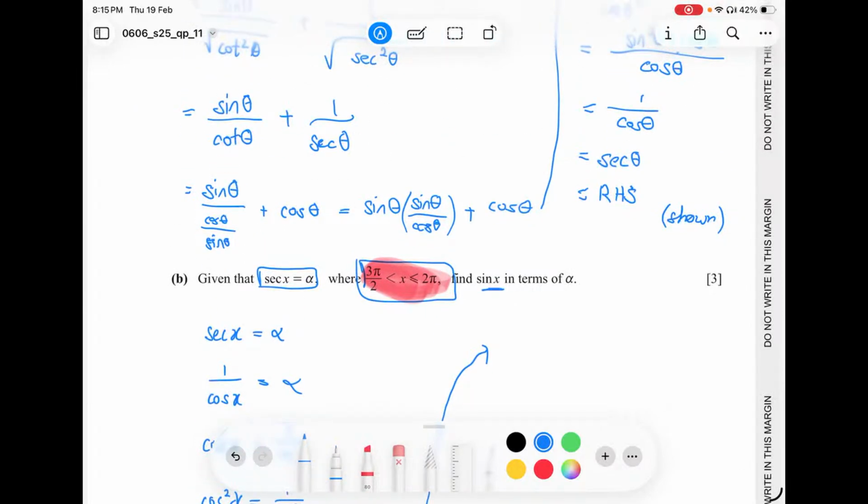So let's just convert it into degrees to make it a clearer sense or easier calculation. So 3 pi over 2 is going to be 270 degrees to 360 degrees.